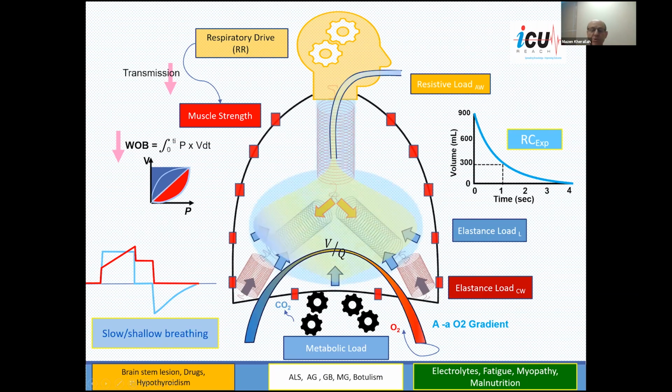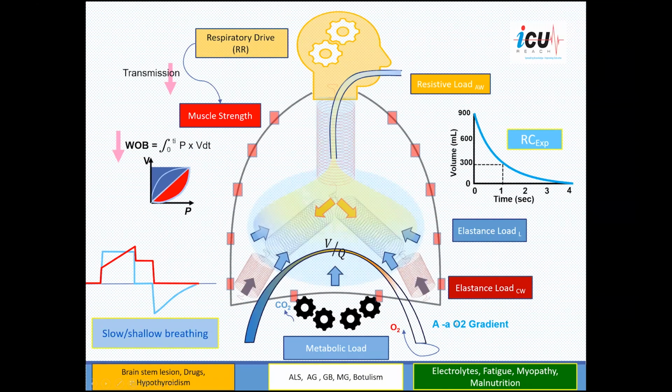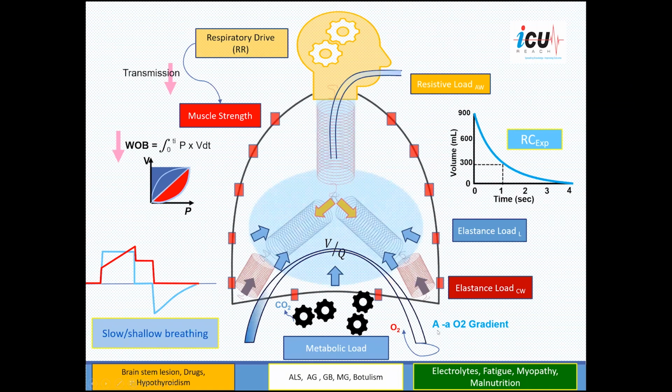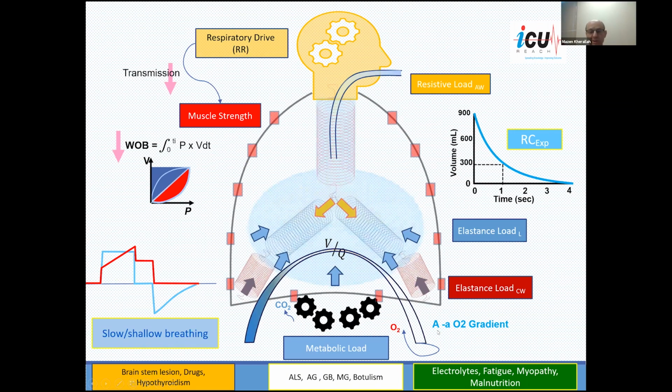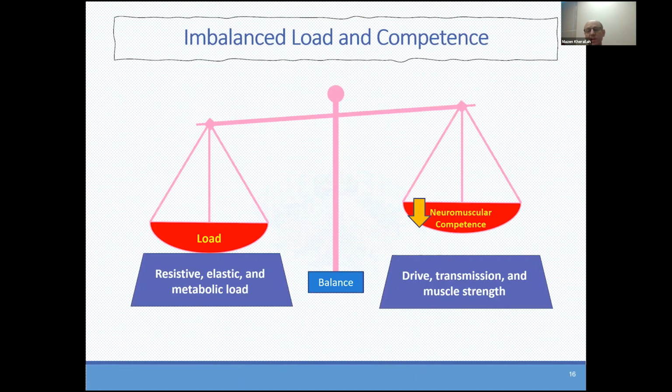And of course, the A-a gradient in hypoventilation would be normal for those patients. This is how you can differentiate hypoventilation from the other causes of respiratory failure. And those patients would come to you with decreased neuromuscular competence that is not there to balance against the normal resistive, elastic, and metabolic load, and they would present to you with respiratory failure.